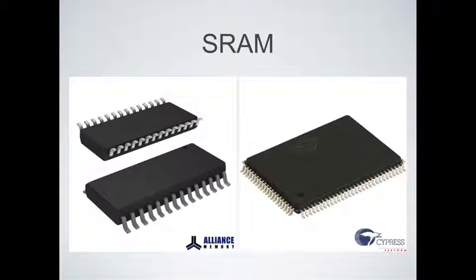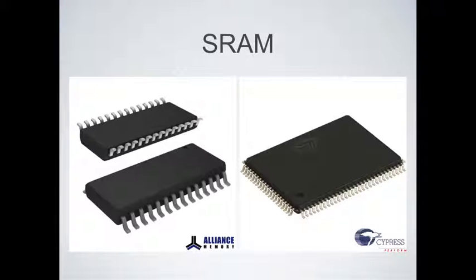The data is going to be retained so long as the system is powered on, and as soon as it's powered off, you lose the data. These are two different types of static RAM. One is smaller, about 256K, and the one on the right, the Cypress one, is about 4.5 megs. This is typically what you're going to find.